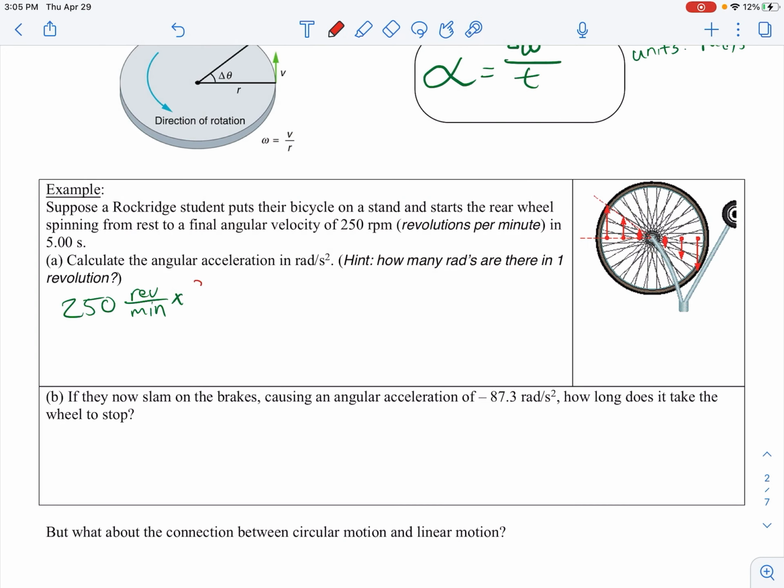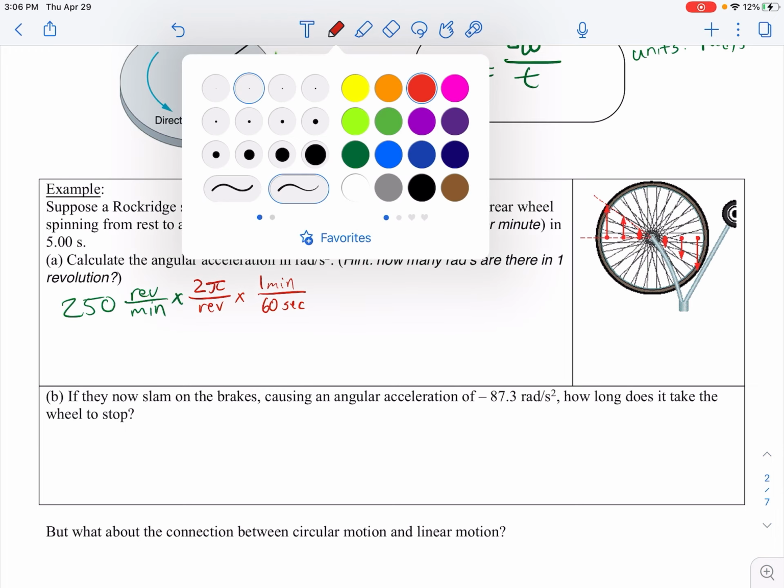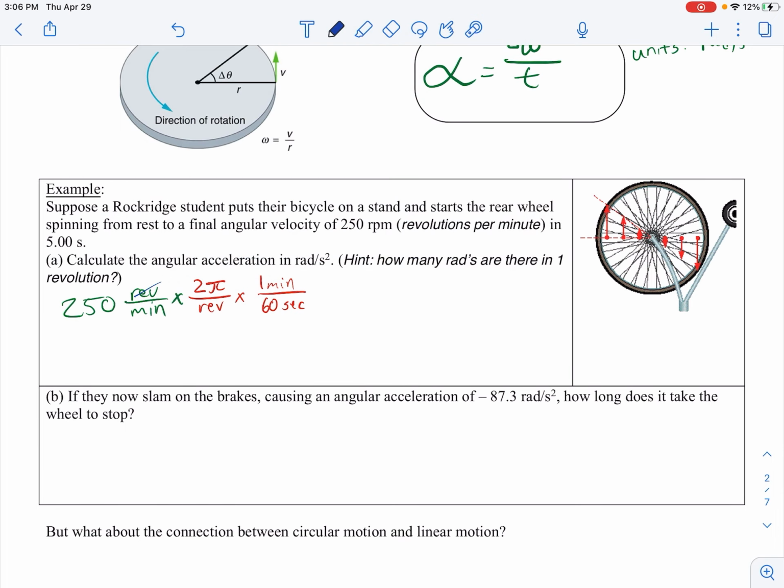A revolution is equal to 2 pi, and a minute, do this in multi-steps, 1 minute over 60 seconds. We do some canceling out. So we end up with 250 times 2 pi over 60, which leaves us with 26.18 rads per second.